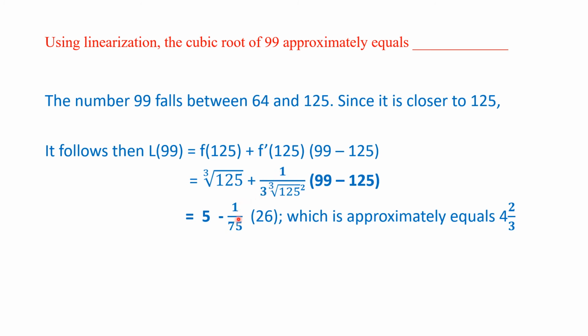But then we have 99 minus 125, which gives us a negative value. The difference is 26, so it's negative 26. We take the negative sign outside, which changes the plus into minus. The ratio will be 1 over 75 multiplied by 26, which is approximately equal to 4 and 2/3. The answer is therefore 4.6667.